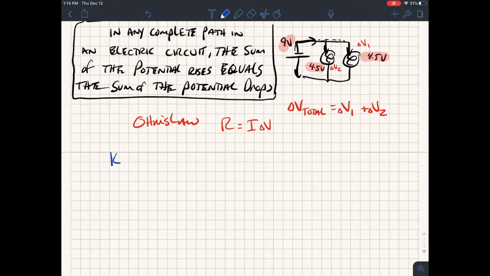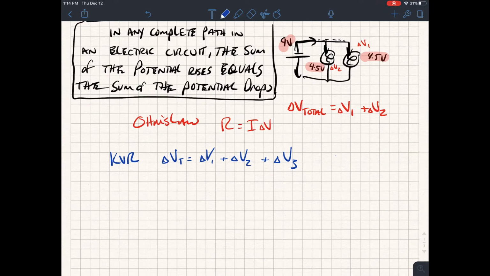Using KVR, the voltage rule, we see that delta V total is equal to delta V1 plus delta V2, and we'll just introduce a third one. So the sum of all the voltage drops has to equal the voltage that's given. All that means is all the volts need to be spent before an electron returns back to the battery.